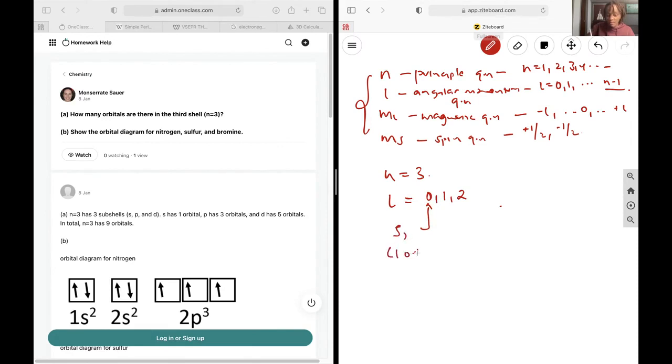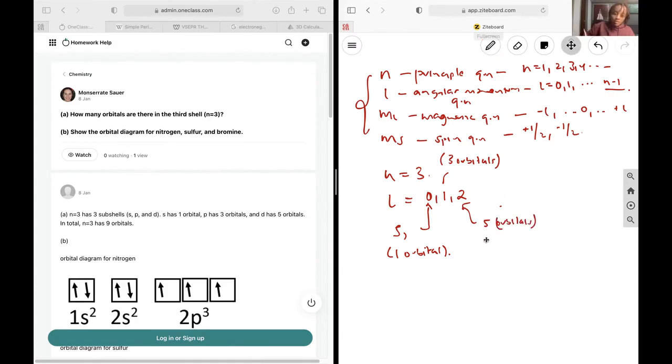And so you only have 1 orbital. When L is 1, recall ML can be -1, 0, or 1. So I'll have 3 orbitals here. And lastly, when L is 2, ML can be -2, -1, 0, 1, and 2. And so I have 5 orbitals here.